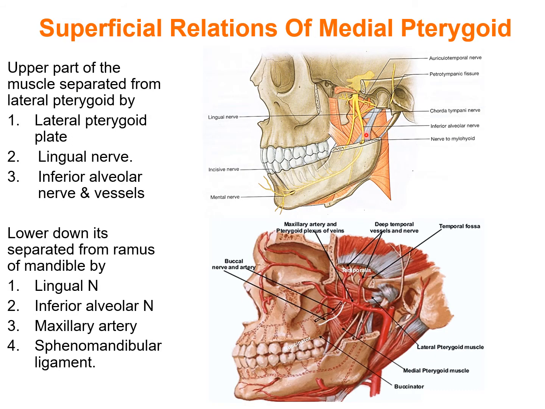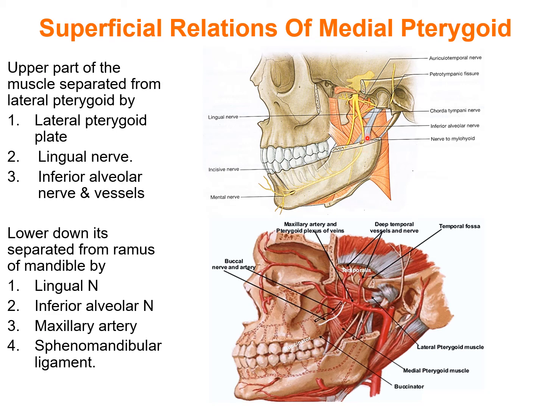Talking about the superficial relations of medial pterygoid, the upper part of this muscle is separated from the lateral pterygoid by the lateral pterygoid plate, the lingual nerve and the inferior alveolar nerves and vessels.